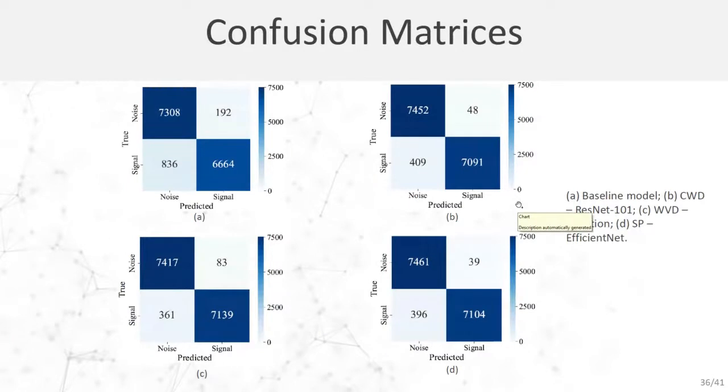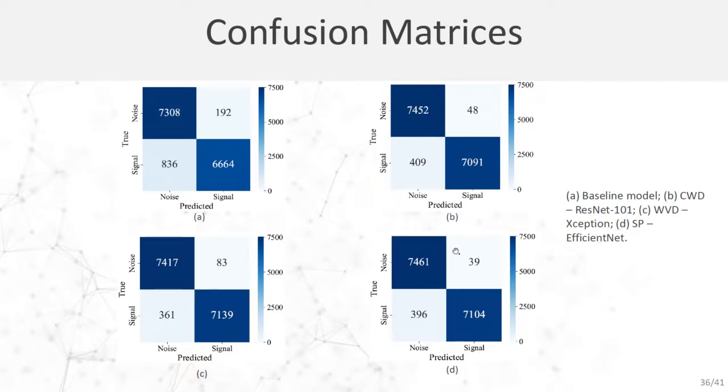For more detailed analysis, we also use some additional performance metrics. Here on these slides, they are given only for the baseline model, and for 3 TFD CNN models that achieved the highest accuracy for each CNN architecture. Those were the Choi-Williams distribution and ResNet 101, Wigner-Ville distribution and Xception, and the spectrogram and EfficientNet combination.